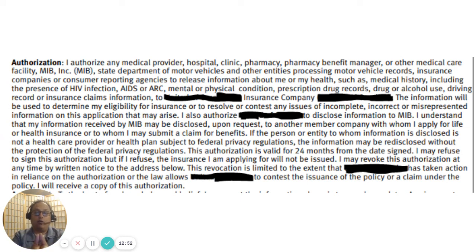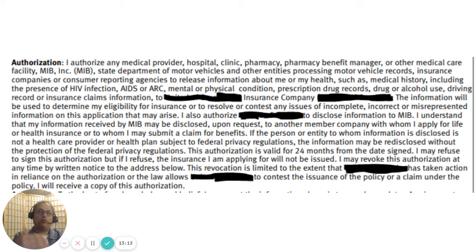I don't want to have an MIB report done or an MIB check. But I would say probably 99.9% of the time, and I'm just saying that because maybe there is somebody, an insurance company would turn around and probably say, we can't insure you.